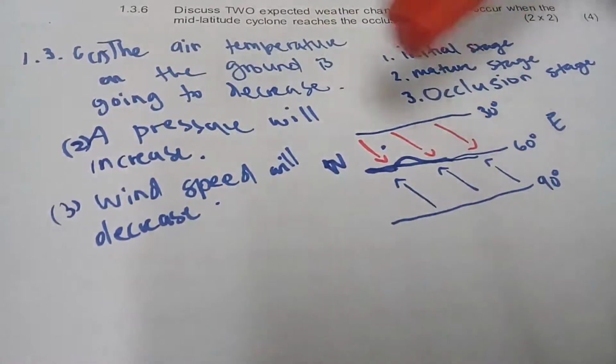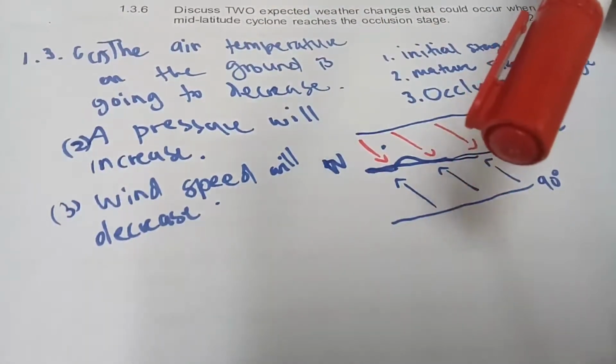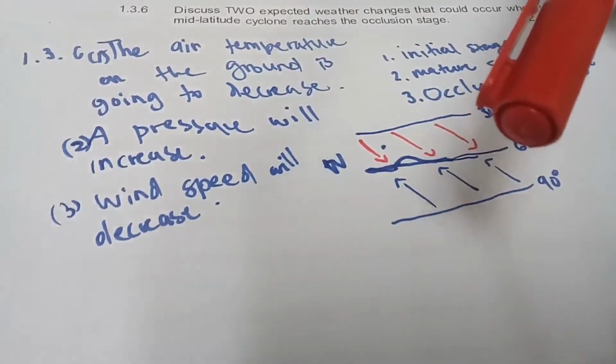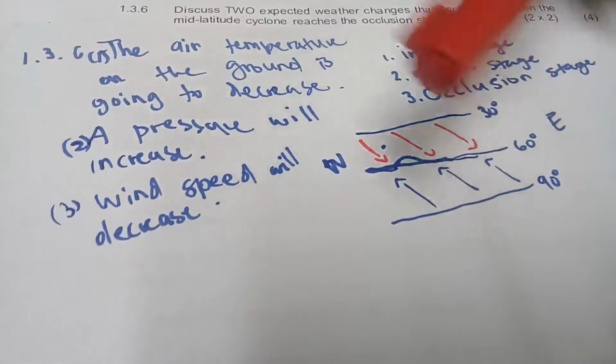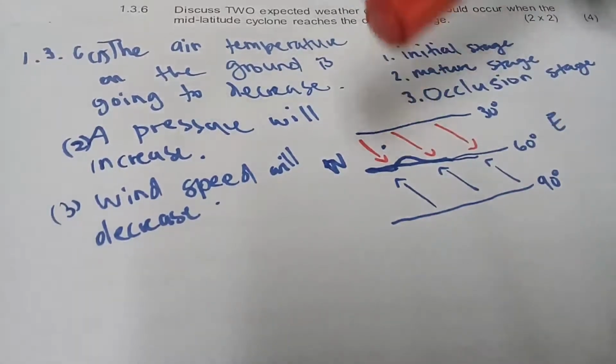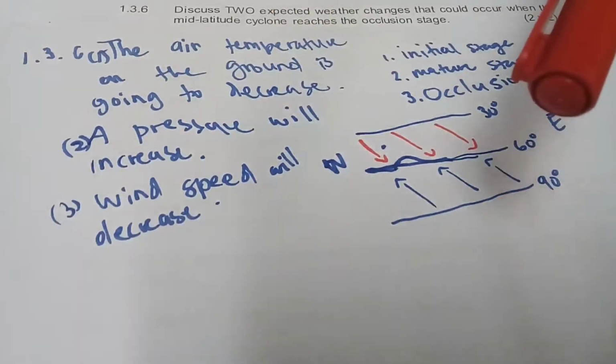Point number 2, pressure will increase. Like this mid-latitude cyclone, it's on its last stage now. It's weak now. It's approaching the east side of South Africa, which is warmer, and it became weak and is starting to drop in terms of operations, right?